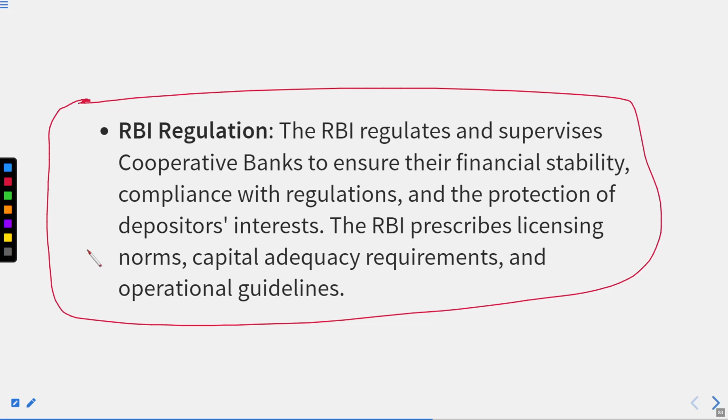It means that any bank which is to be operated in India as a cooperative bank must obtain the license from the RBI. What the procedure will be is decided by the RBI. Second, it must have a particular capital as per the RBI. And third is how they could operate. Operation guidelines are also provided by the Reserve Bank of India.